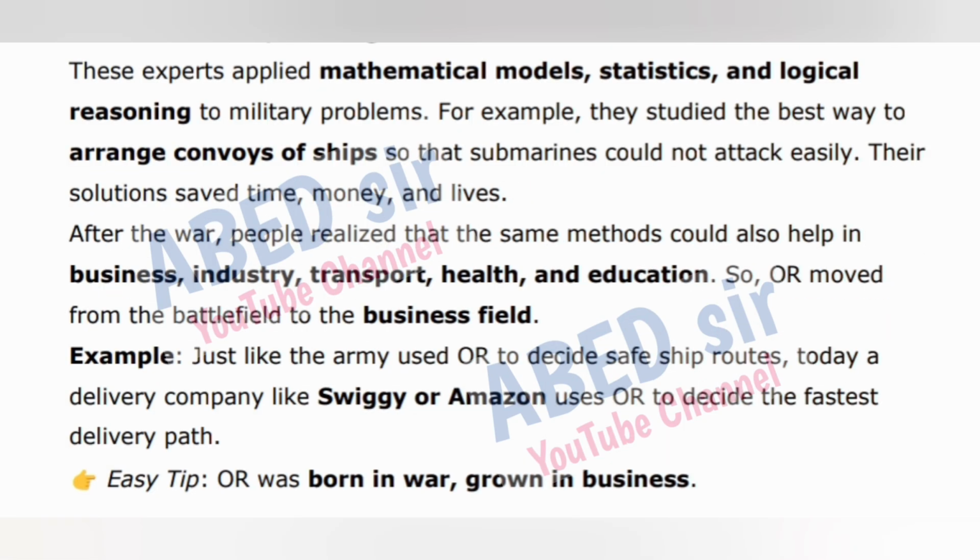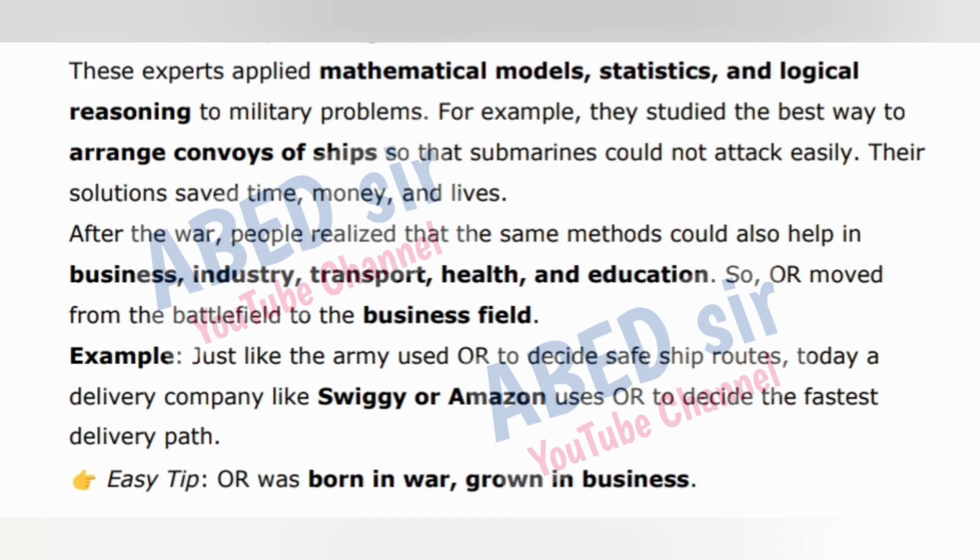These experts applied mathematical models, statistics, and logical reasoning to military problems. For example, they studied the best way to arrange convoys of ships so that submarines could not attack easily. Their solutions saved time, money, and lives.